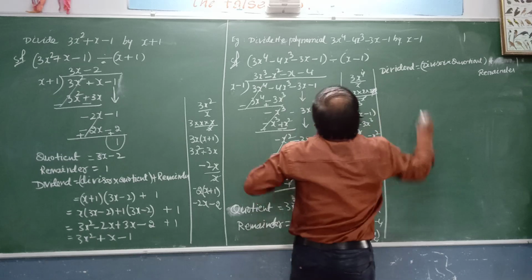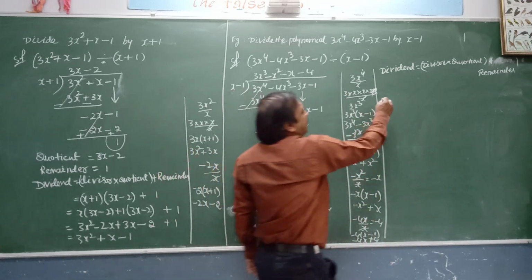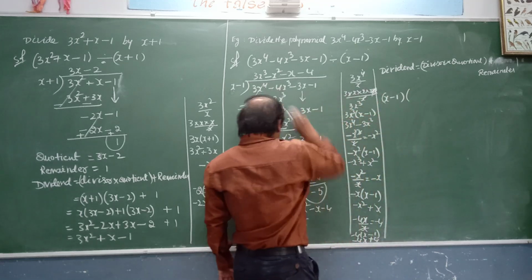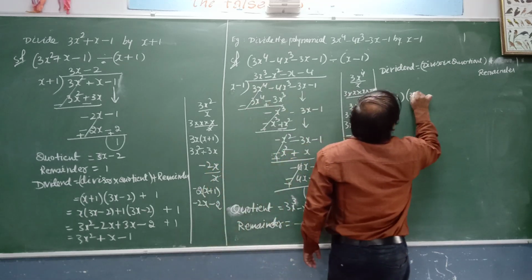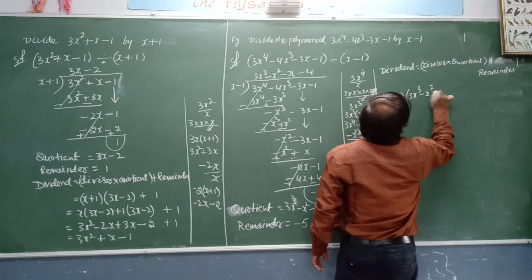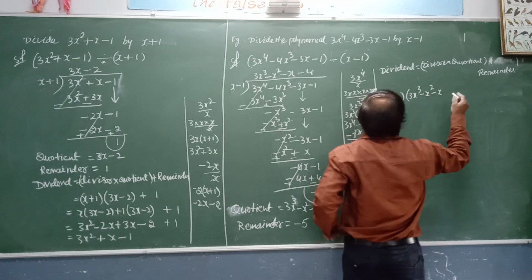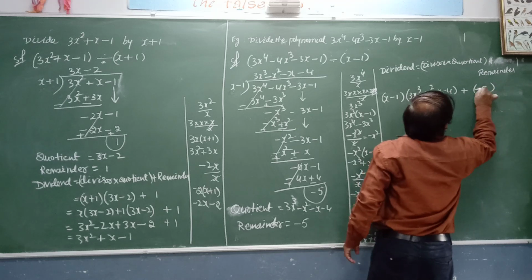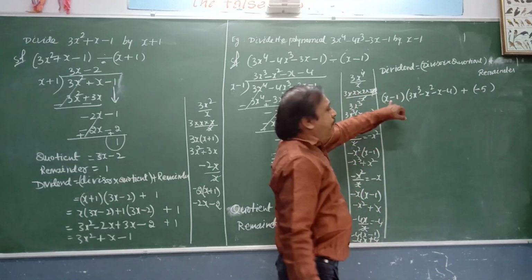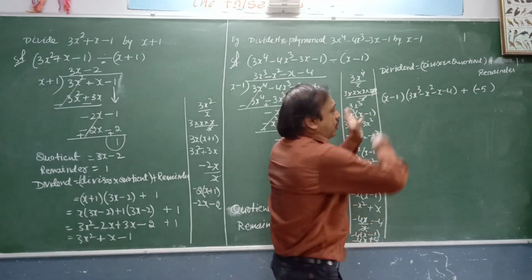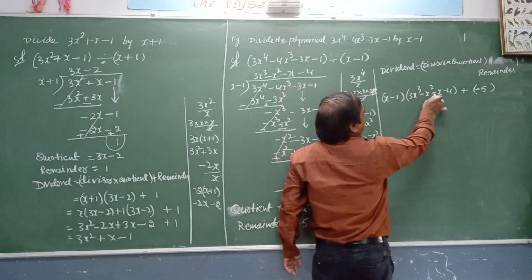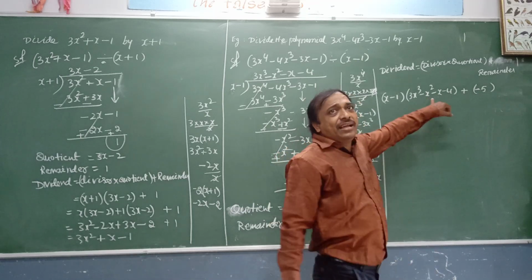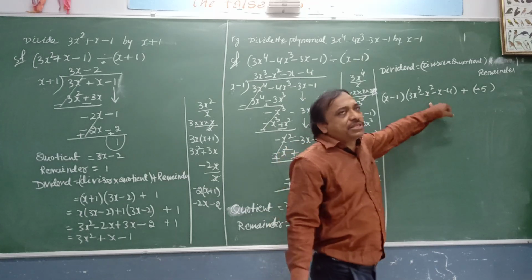So what is the divisor? x minus 1. x minus 1 into quotient 3x cube minus x square minus x minus 4, then plus the remainder, minus 5. Binomial times polynomial; this is not a trinomial, it's a polynomial, more than 3 terms are there.